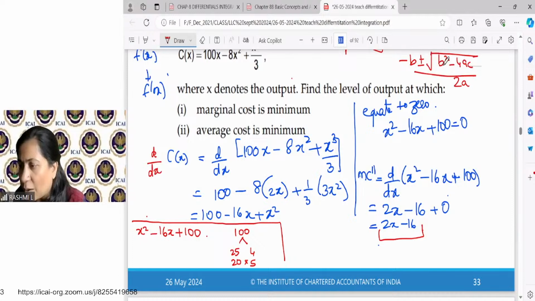So how much is b square? 256, minus 4ac, which is 400, upon twice a. So that way also you could do it.